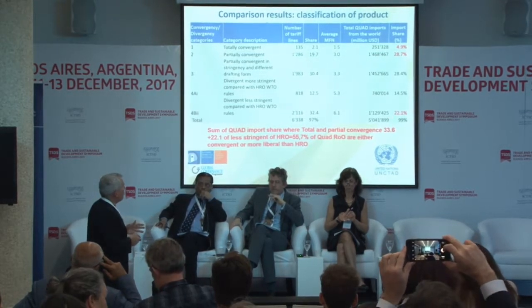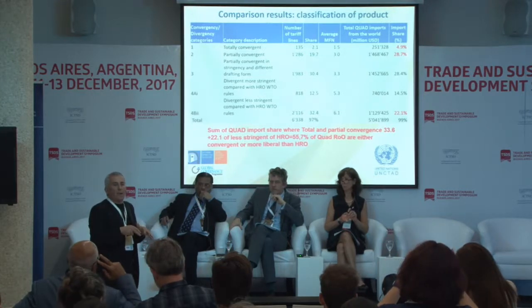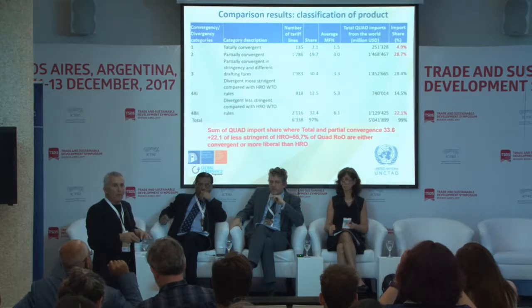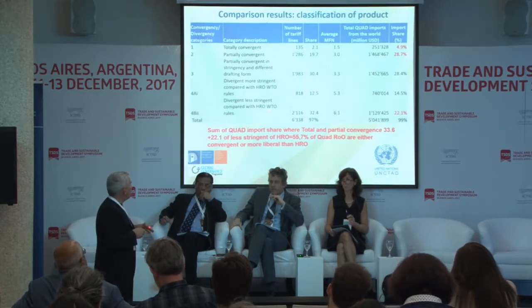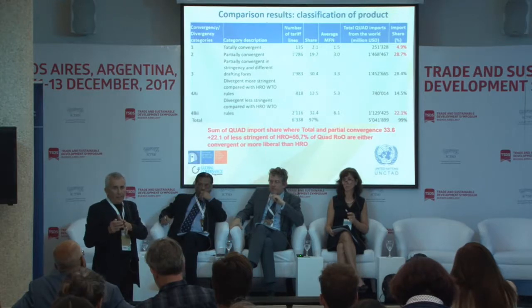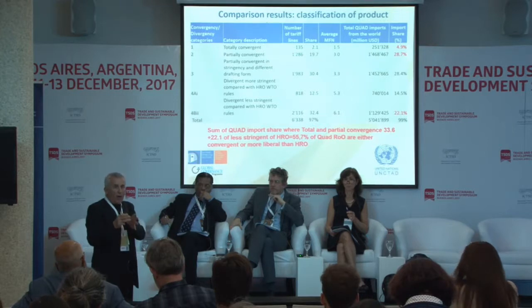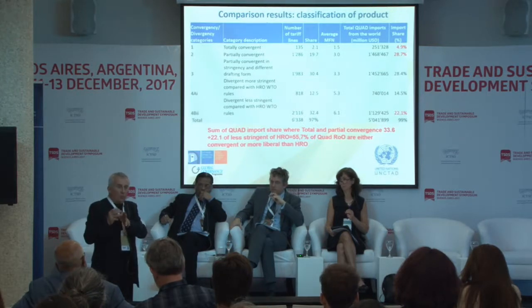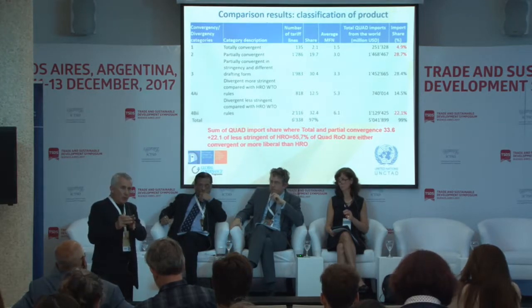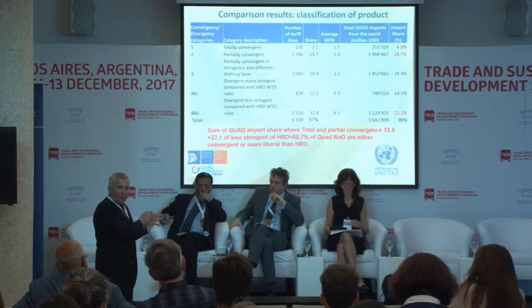And for another 22%, the rules of origin in these five agreements are even more liberal than the harmonized set of non-preferential rules of origin. So if you take it together, for more than half of imports of Quad countries, we have actually convergence on rules of origin, or you have rules of origin that are more liberal than the rules of origin contained in the harmonized set of non-preferential rules of origin.